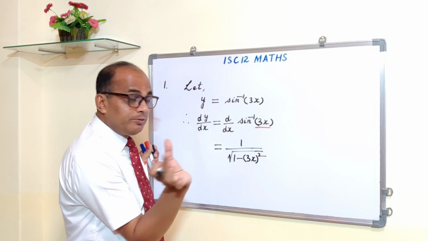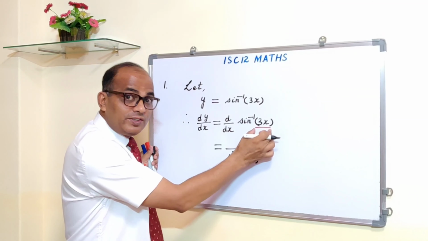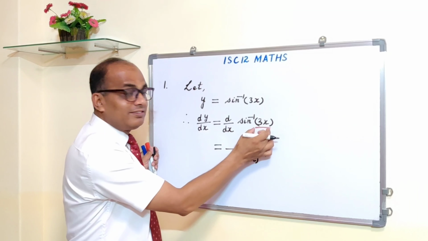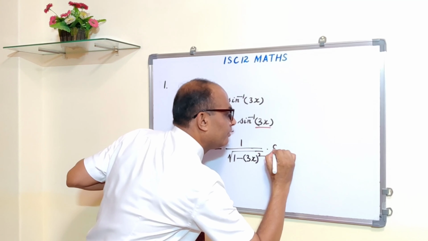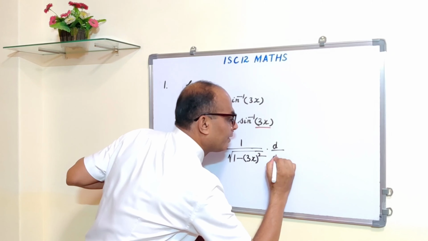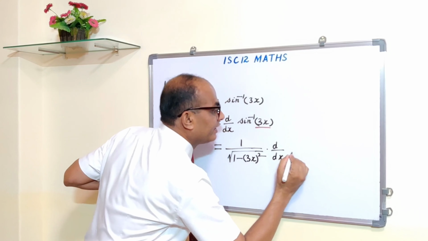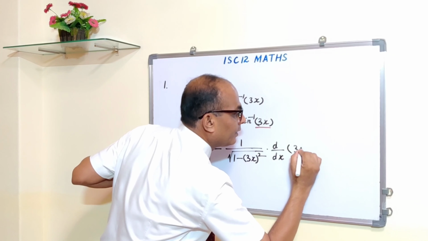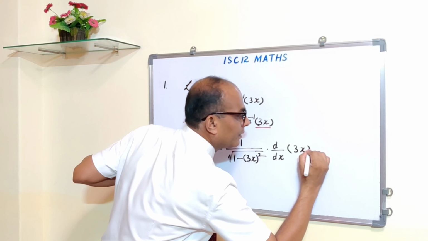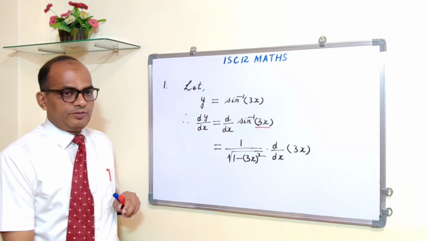And as I told you, this is not x, we suppose this is x, so once again we differentiate this 3x. So we write into d dx of 3x.